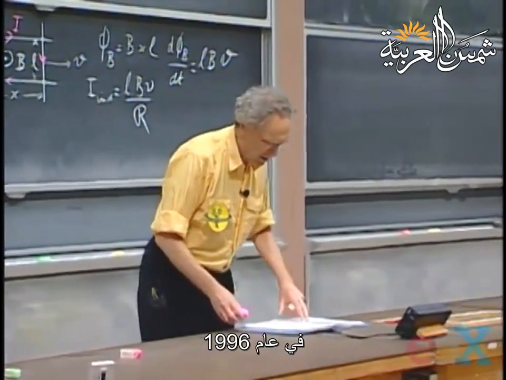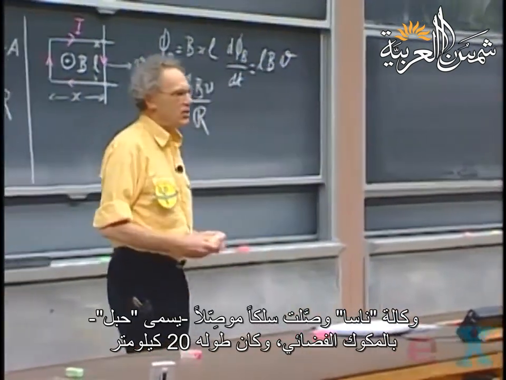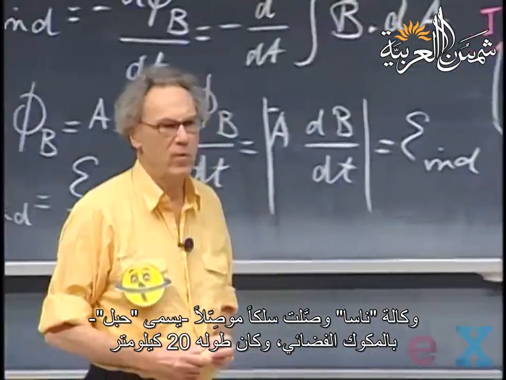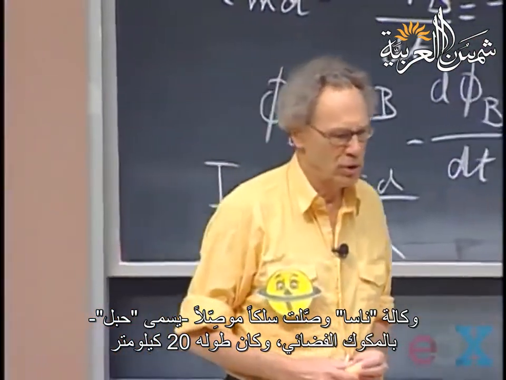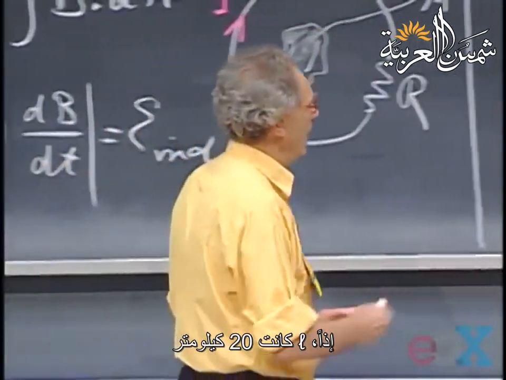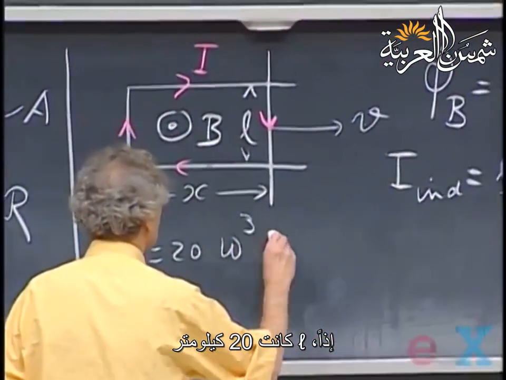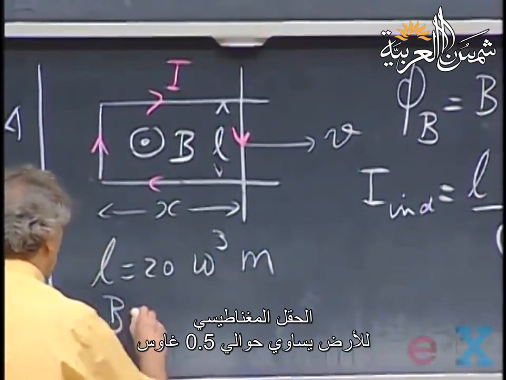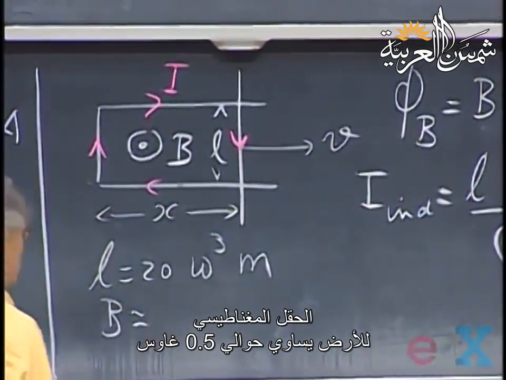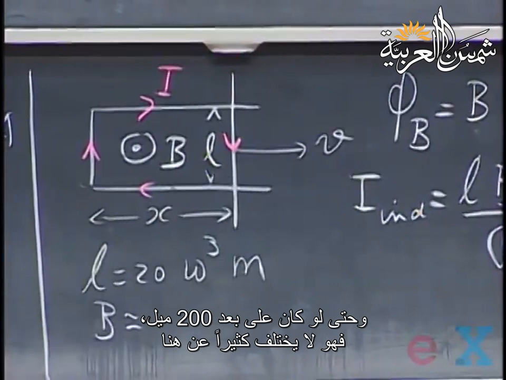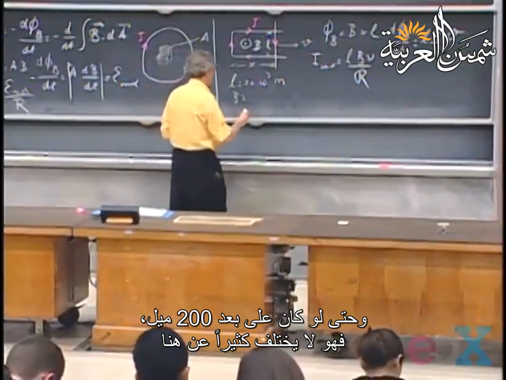In 1996, NASA attached a 20-kilometer conducting wire called a tether to the shuttle. So L was 20 kilometers. The magnetic field of the Earth is about half a Gauss, even at a distance of 200 miles. That's not much different from here.